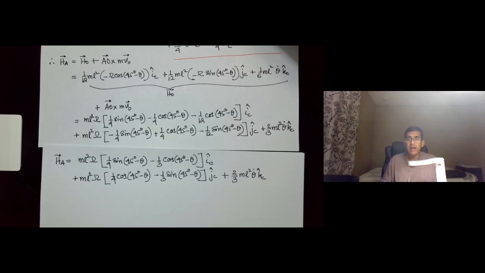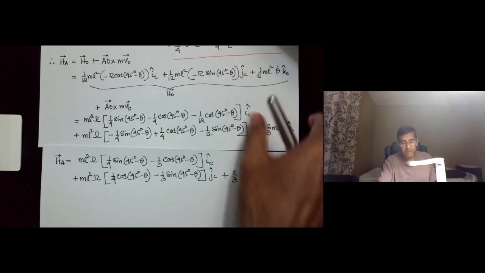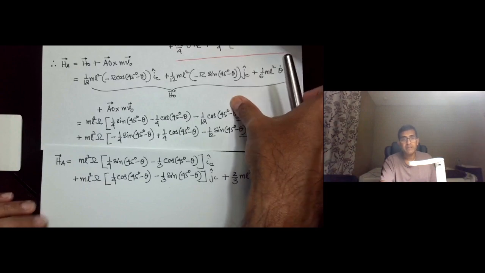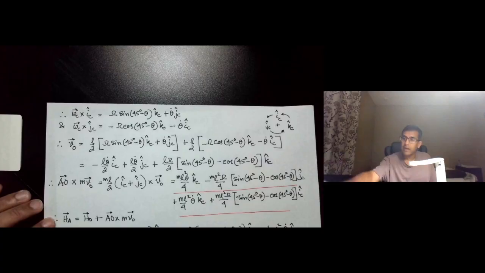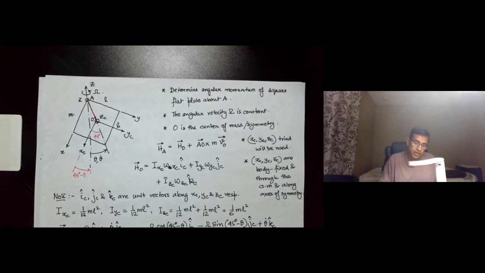This is the calculation of the angular momentum of this square flat plate in terms of the point A. So just going back to where we started, we set out to calculate the angular momentum of this square flat plate as it turns about this vertical direction with a constant angular velocity, but also swings about the point A in the lateral direction.